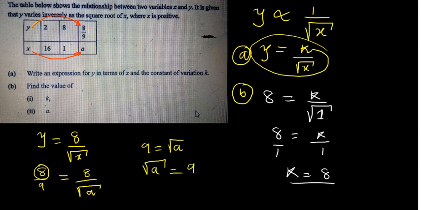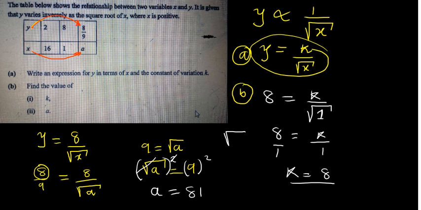Now we want to remain with a, so we square both sides. The square and the square root go, so a is equal to 9 squared, which is 9 times 9, that will give you 81. But don't say positive or negative. You can only say positive or negative if you are square rooting, but here we are squaring.